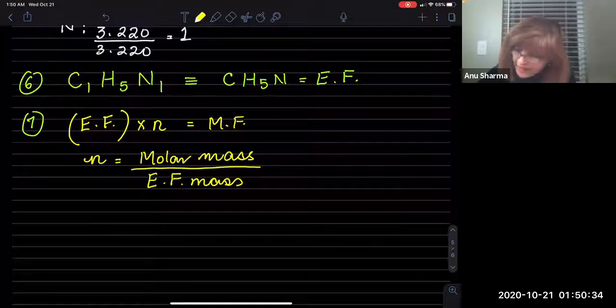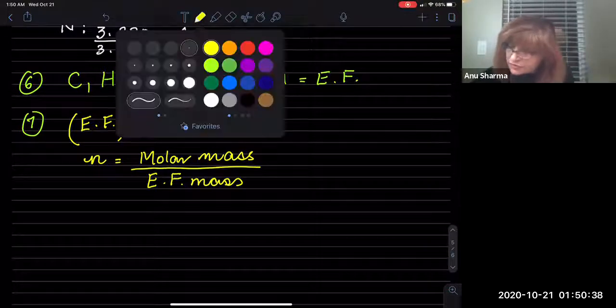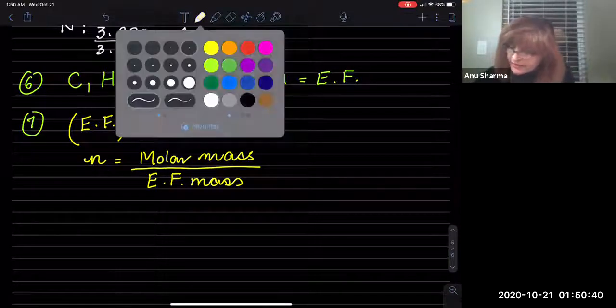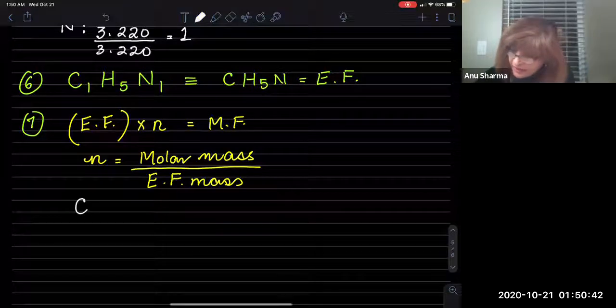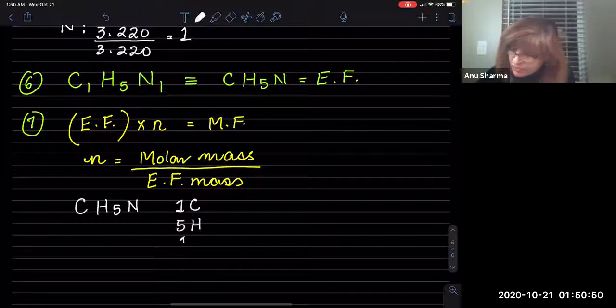Okay, so we are going to calculate that and compare it with something that is given to us. So let's look at this. CH5N means 1 atom of carbon, 5 atoms of hydrogen, and 1 atom of nitrogen. Carbon is 12, hydrogen is 1, nitrogen is 14.